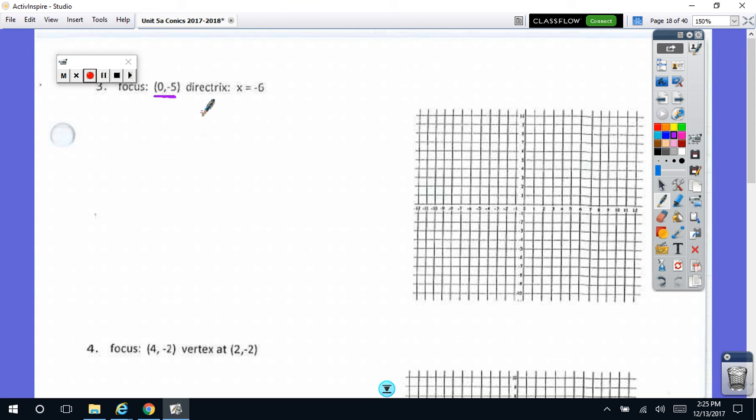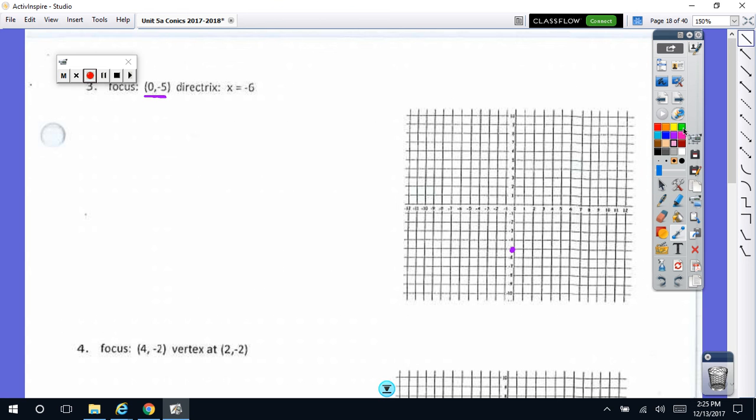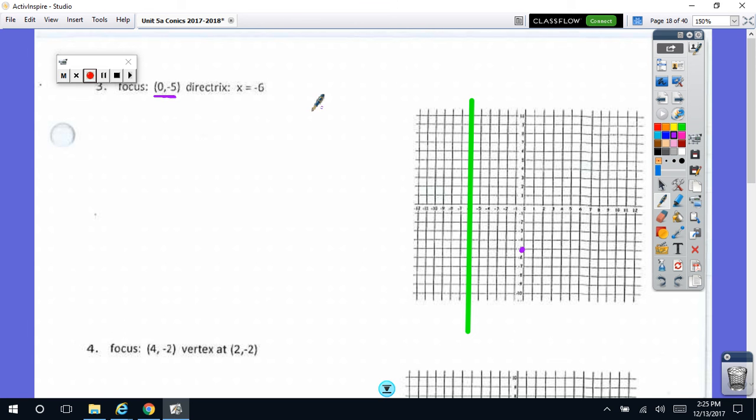Okay, focus 0, -5. 1, 2, 3, 4, 5. And my directrix is an x value of -6. Okay, so I need an h, I need a k, and I need a p-value.